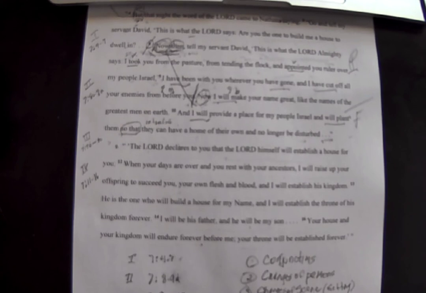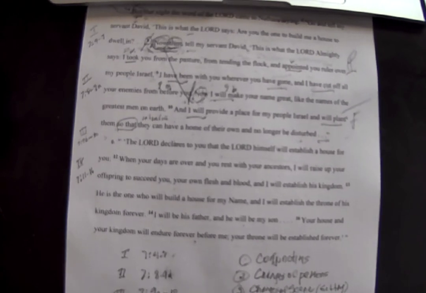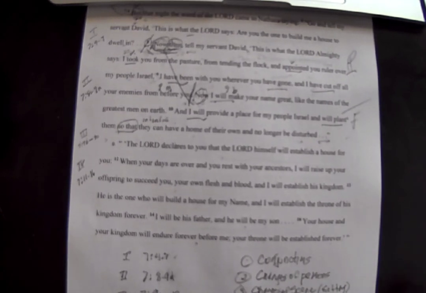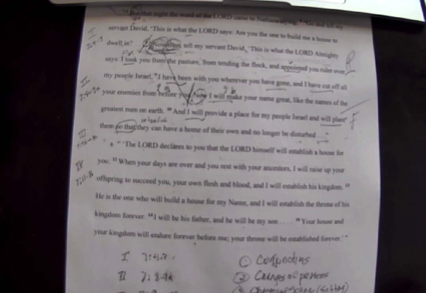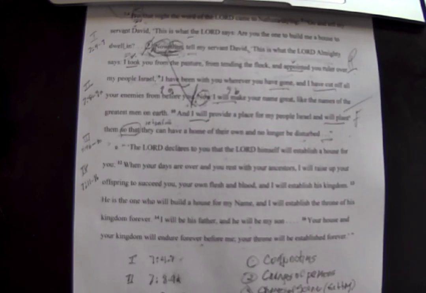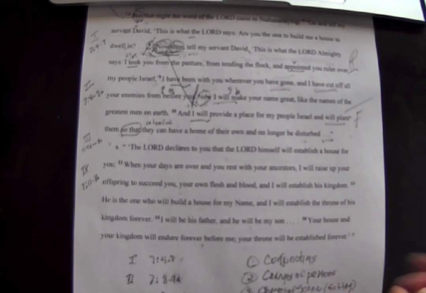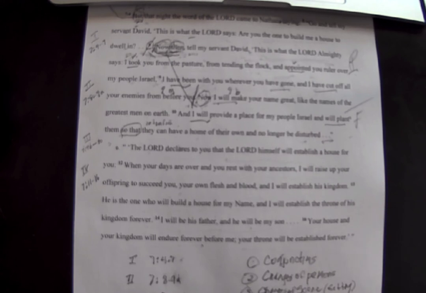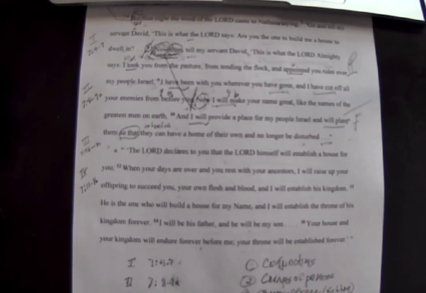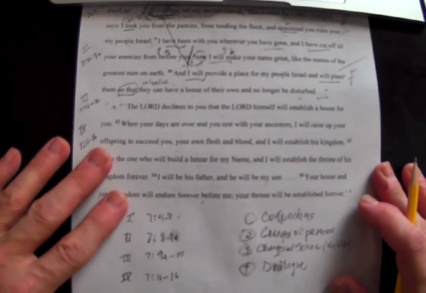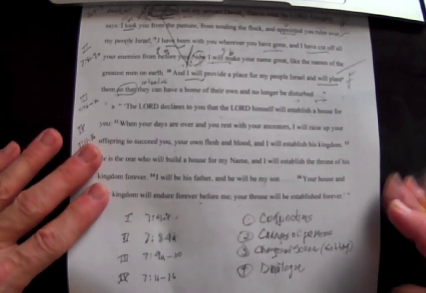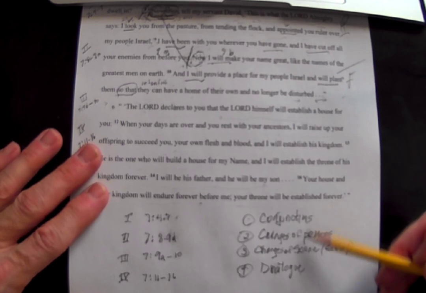And I had a fourth one. What's the fourth one? Conjunctions, changes of characters, changes of scene. Dialogue. How do you spell dialogue? No, I had it right. The pressure's on. I have to spell correctly. Sorry. So these are things you're going to look for.